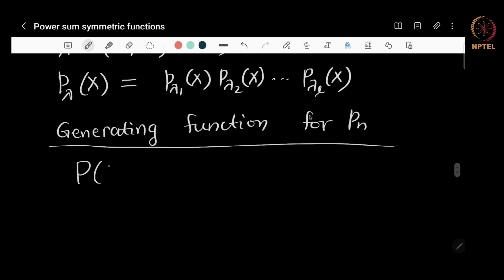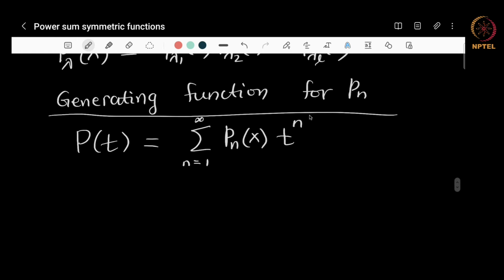So as we did for E and H, let's write the following. This is for n going from 1 to infinity, because as we said, p0 is just defined to be 1. So this is the generating function, the sum of pn t to the power n.